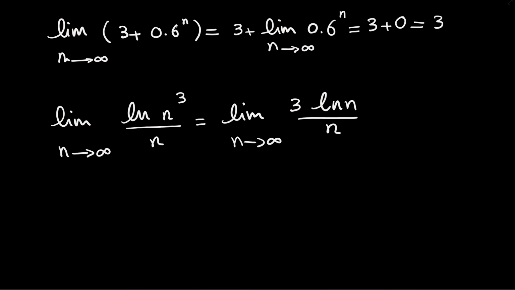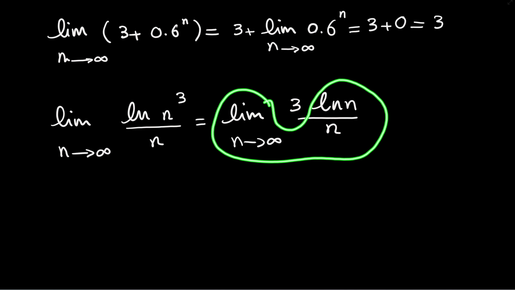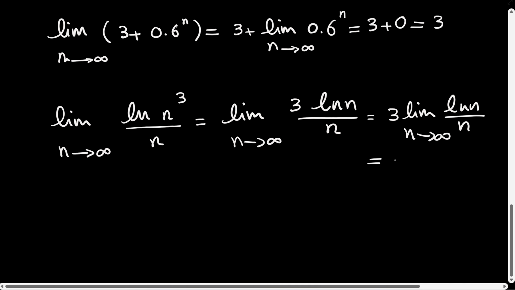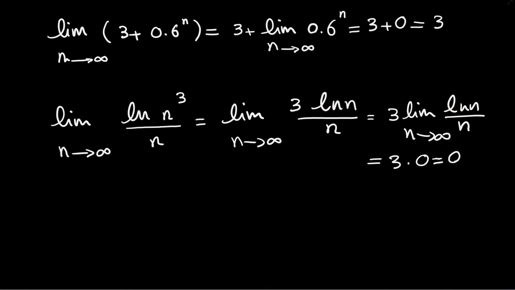Now, by using the rule, limit of natural log of n divided by n is 0. So I can rewrite it as 3 times limit of natural log of n divided by n when n approaches infinity. So it's equal to 3 times 0, which is 0.